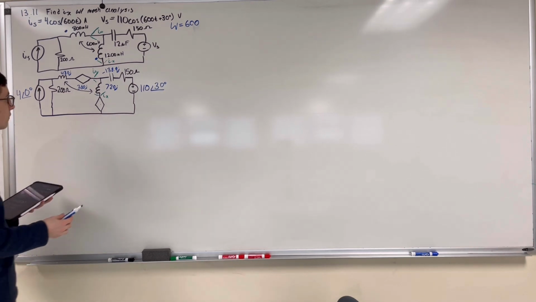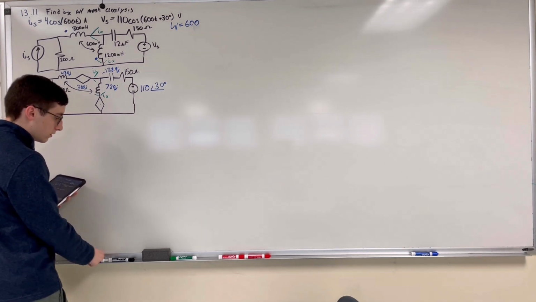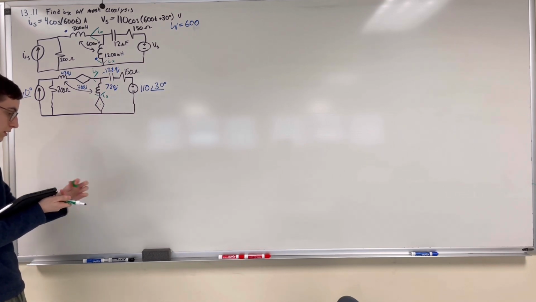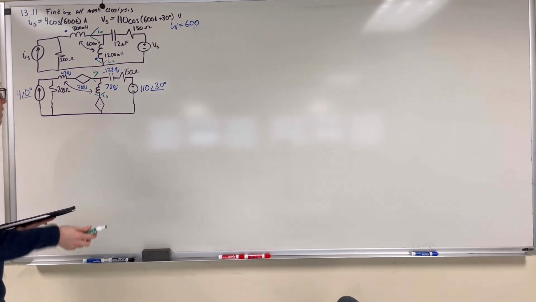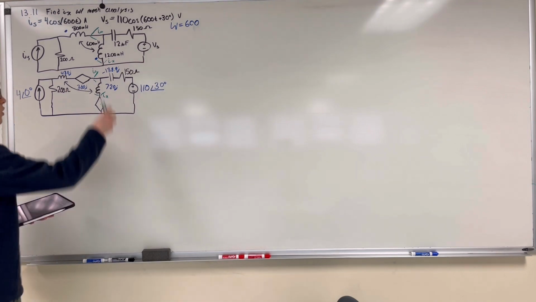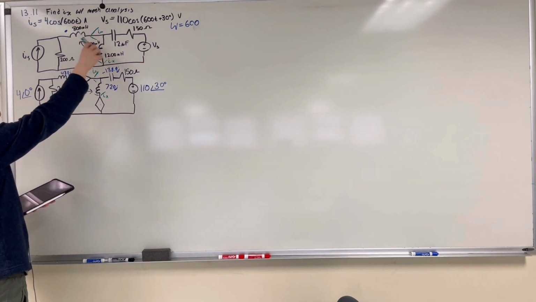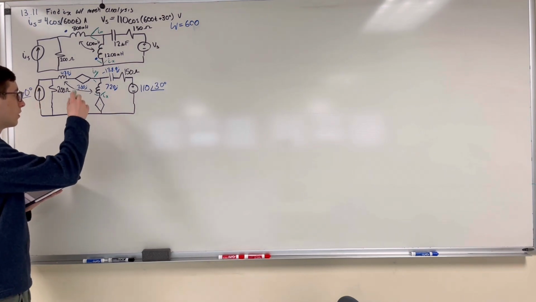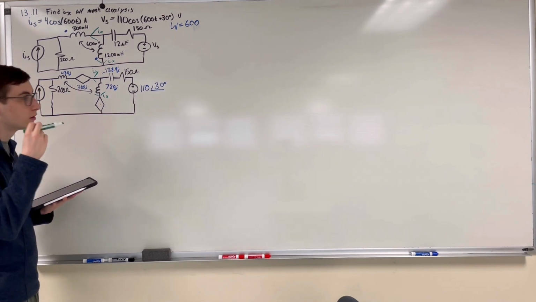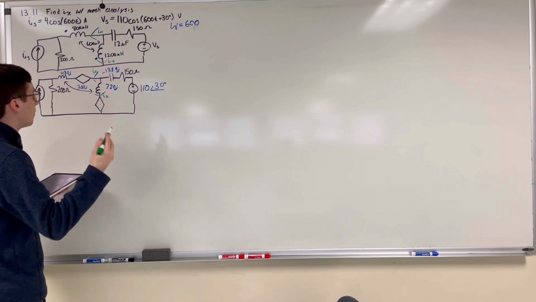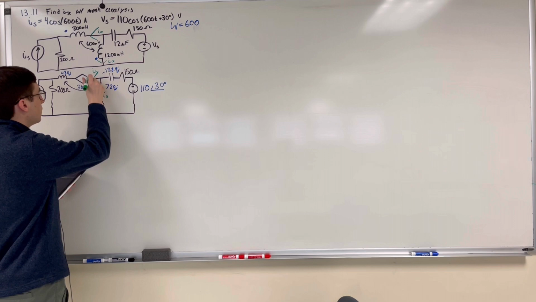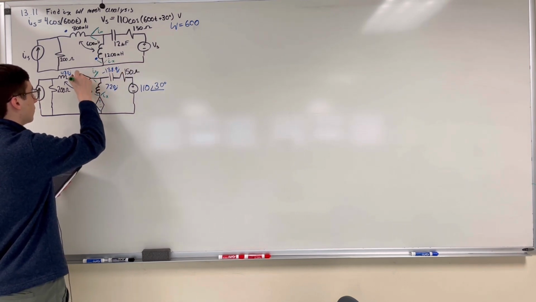So now we get to the fun dependent sources. Since I have positive dot convention, meaning that the current flows out of both of them, that means we're going to assign our voltage drop or rise as a voltage drop with respect to the current. So we're going to have plus, minus, and then the current's coming this way, plus, minus.